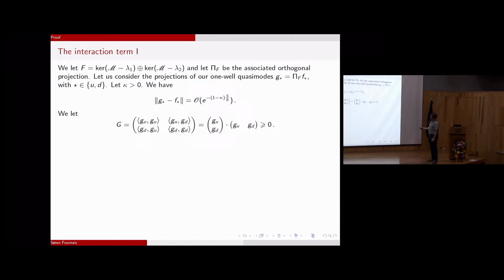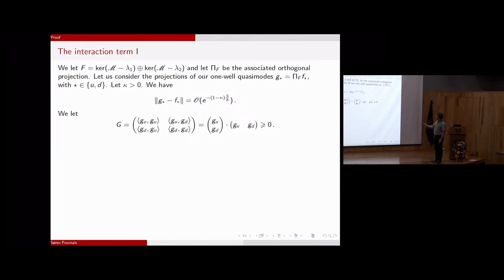You look at the two-dimensional space, which is the space of the true two first eigenfunctions, and you project on that. Now you take your approximate eigenfunctions and project on that space, so you will get a basis for your space, because these were fairly good, so they are not projected out of the true eigenspace.